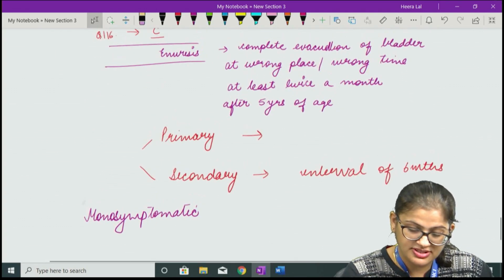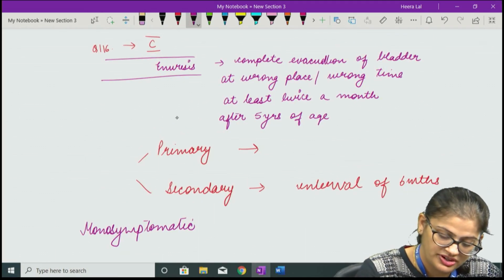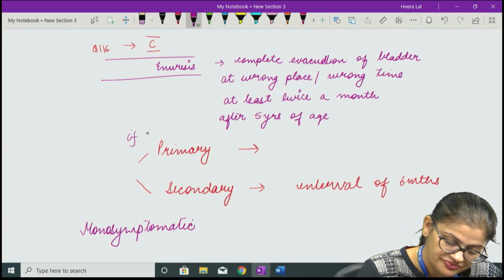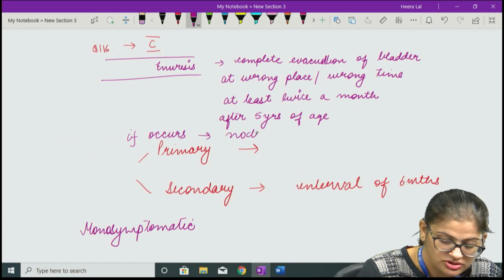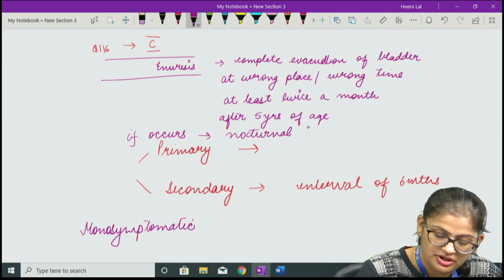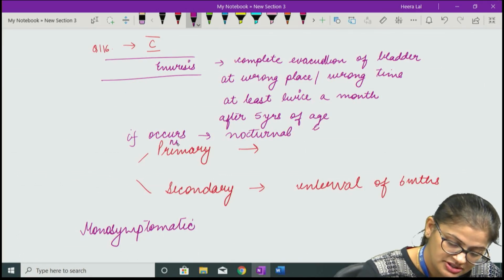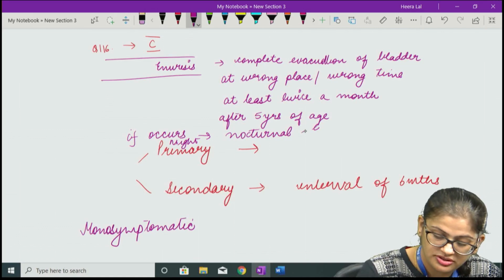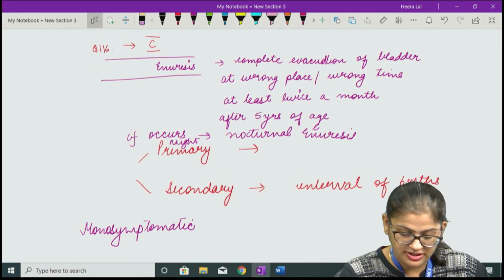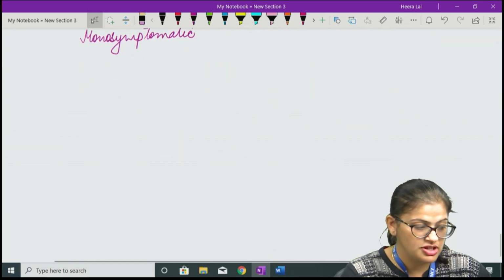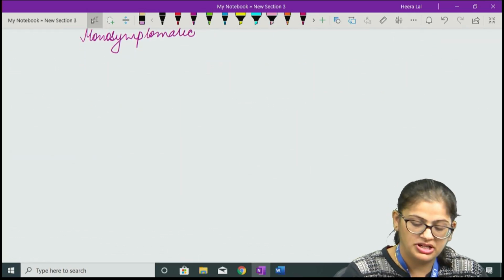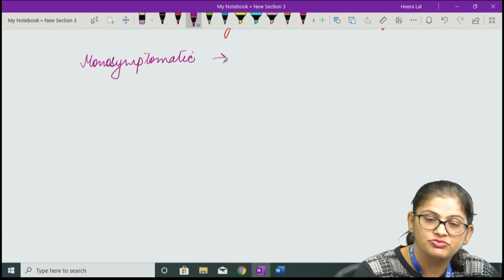So we had studied the definition of enuresis. So if it occurs at night, it is nocturnal, and if it occurs both during the day or night, it can be diurnal. So if it occurs at night, then it is nocturnal enuresis. So monosymptomatic enuresis is when it is not accompanied by any signs and symptoms of UTI.